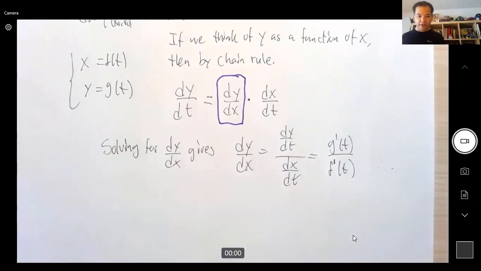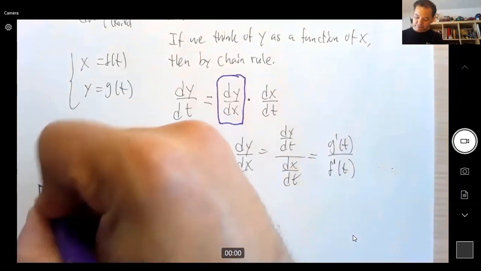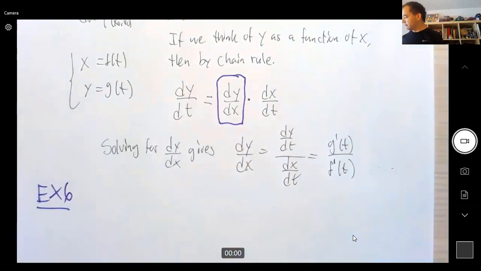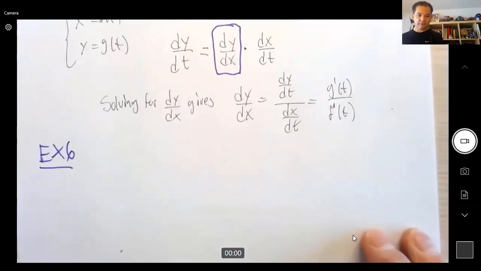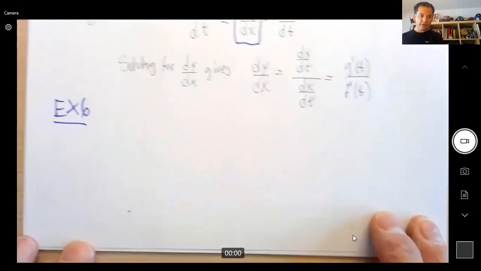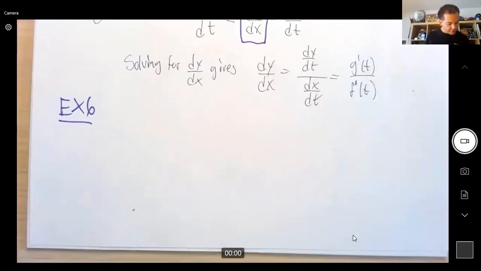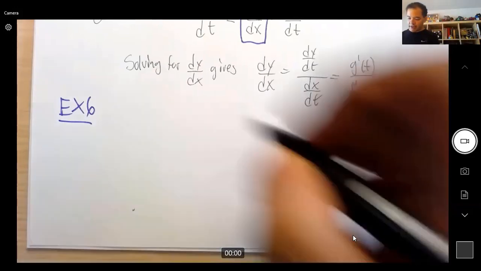So here's example 6. Find dy dx. That's the instruction.